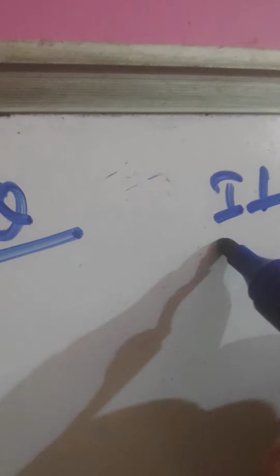Let us take a small example. The question is: this is item, this is weight, this is value. Let the items be I1, I2, I3. I am taking a small example, 3 items.